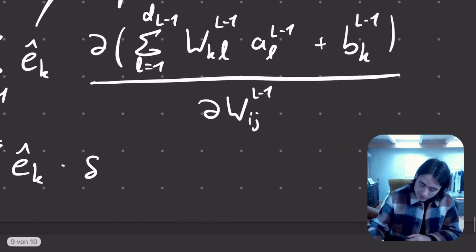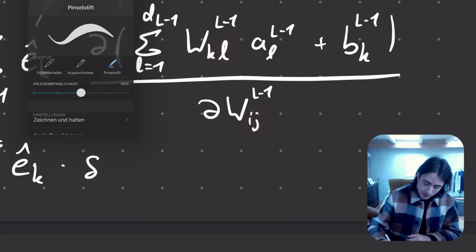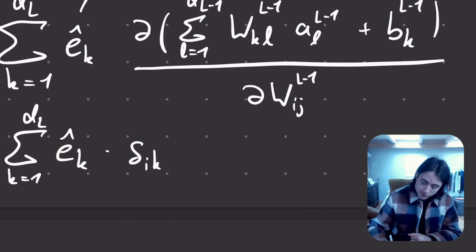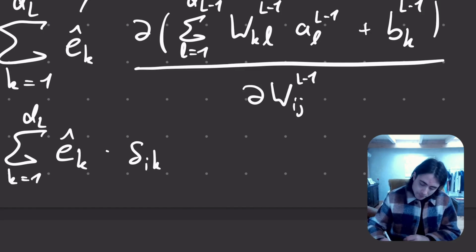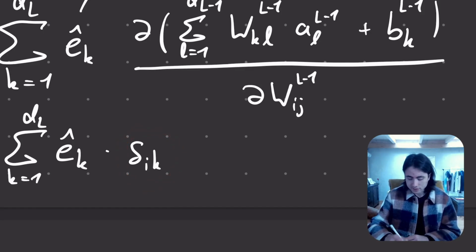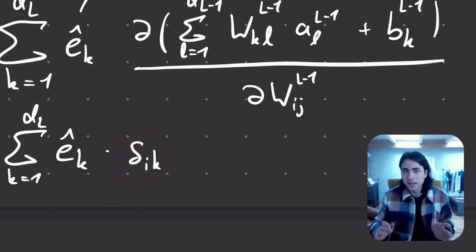The first condition is that i is equal to k, and the second condition is that j is equal to l. And I hope you have already seen these Kronecker delta symbols. These are functions which take the indices as input and output 0 or 1. And more specifically, they output 0 every time the two indices are different, and 1 every time they are the same. So they just exist to make notation simpler.